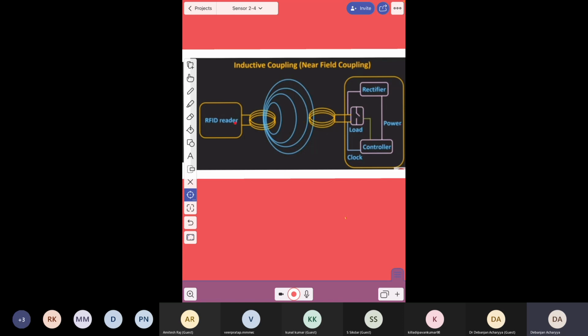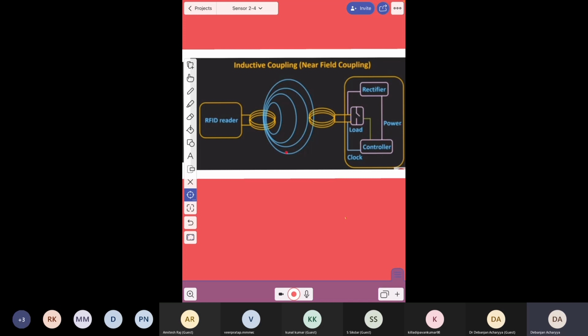So first the RFID reader will send a radio wave, and that radio wave is sufficient to energize the controller. There is an antenna, and that antenna will receive these radio waves and energize the controller. That means these radio waves work as a power supply for this controller.